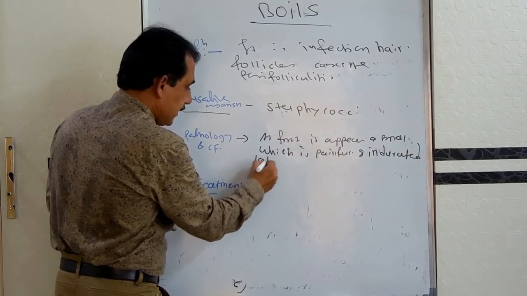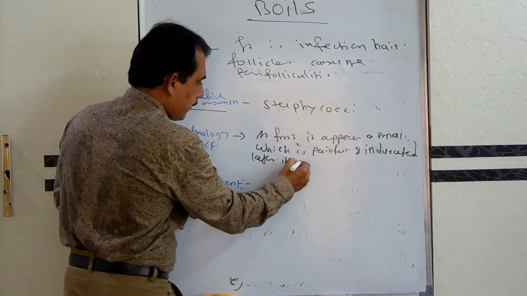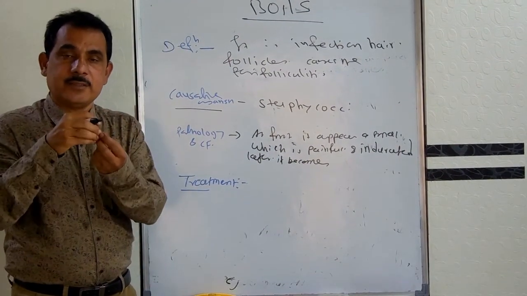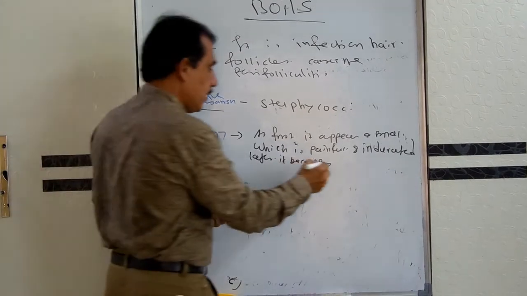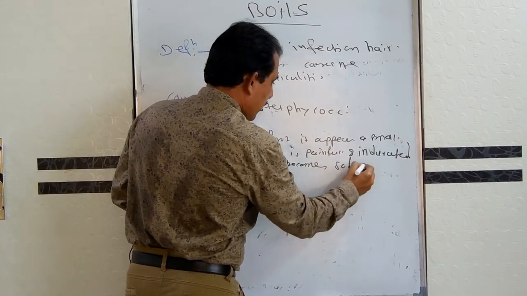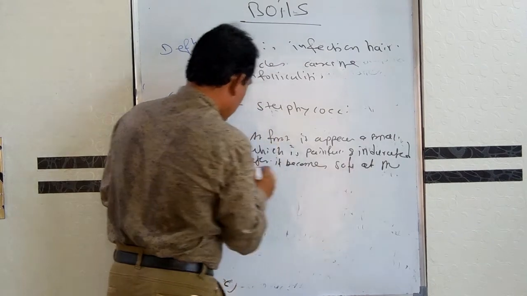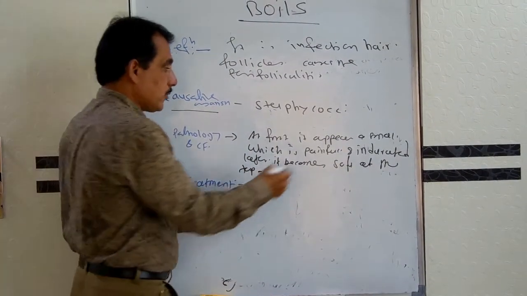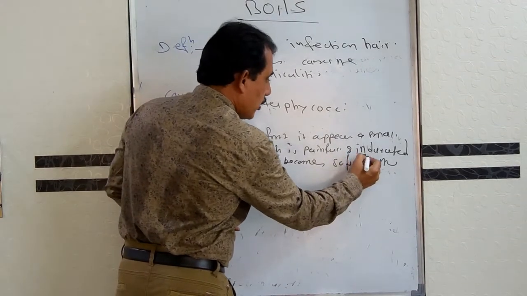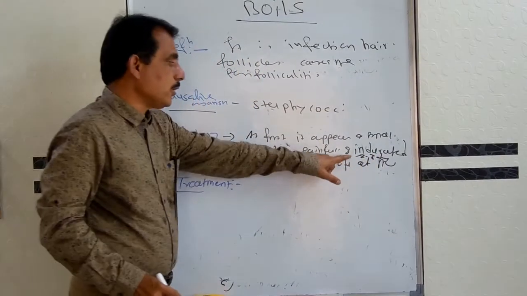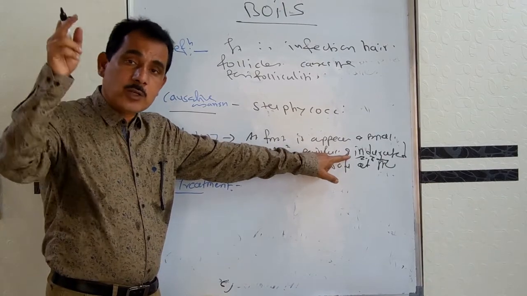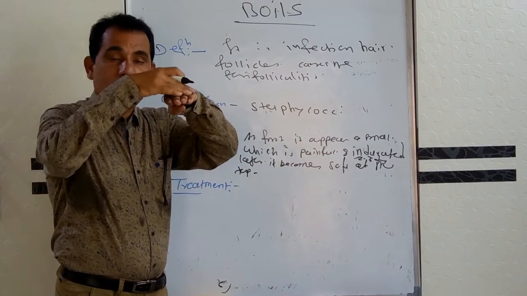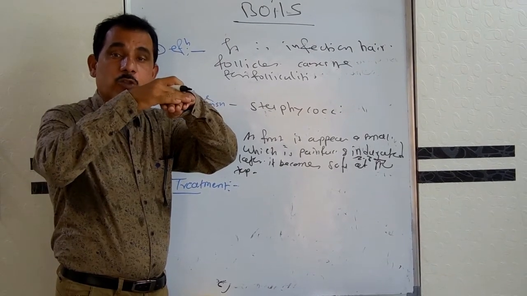Later, it becomes soft at the top and then converts into pustules. This indurated lesion remains for 2 to 3 days. After 2 to 3 days, the top of the lesion becomes soft.